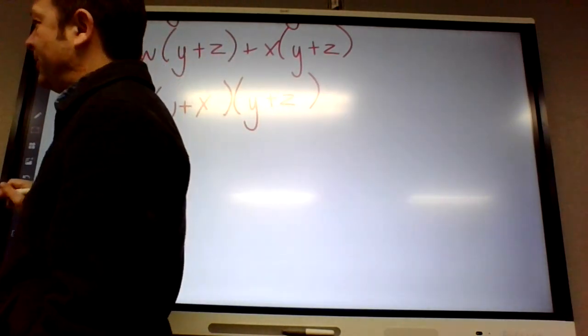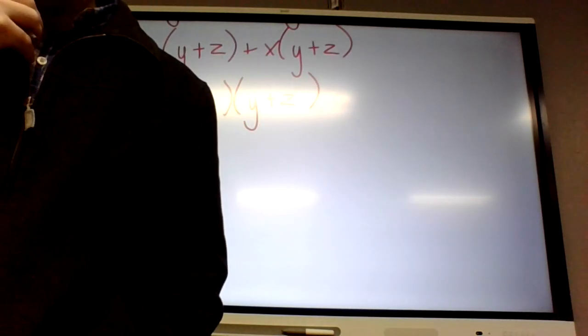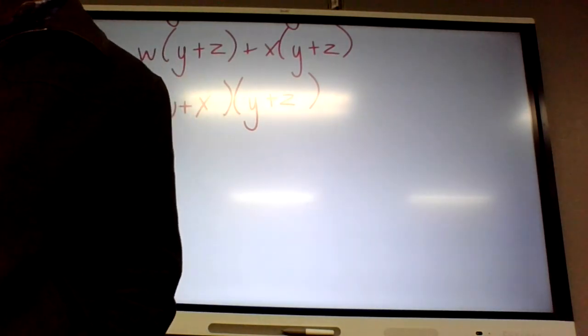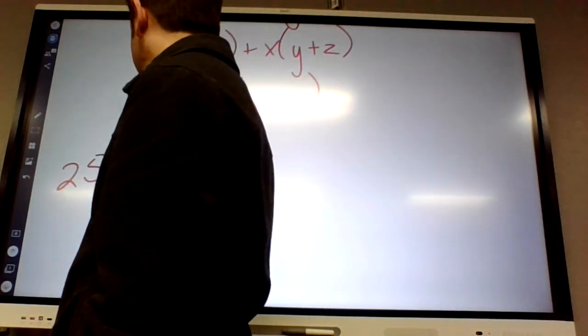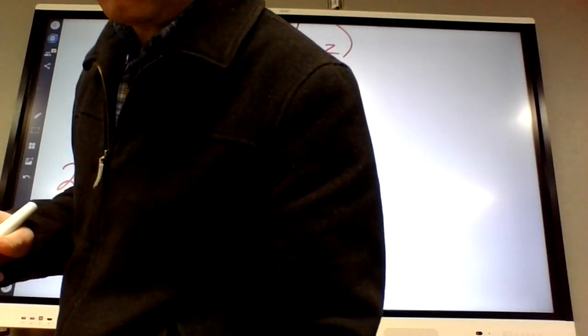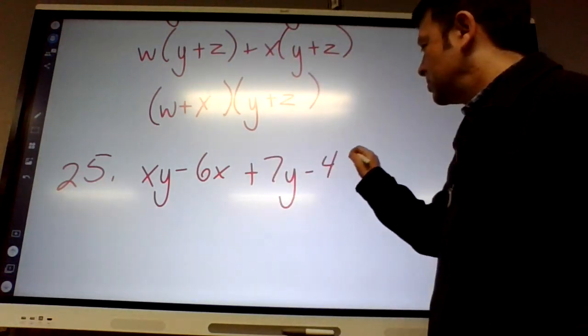Okay, 25. I guess this is the last one on this. Looks like another grouping problem, doesn't it? XY minus 6x plus 7y minus 42.